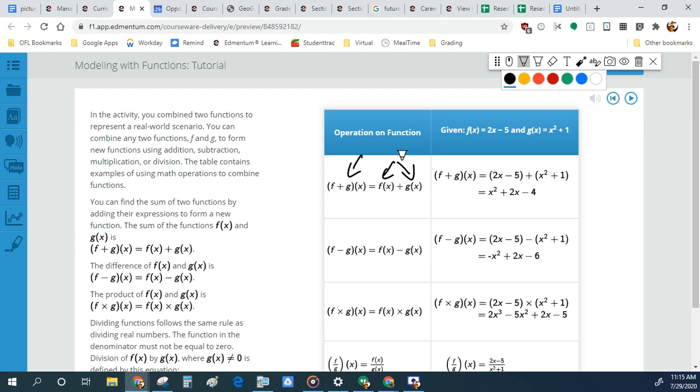So this is saying with the same input. So that's how come it kind of doesn't make any sense to write it here and here, right? So that's how come mathematicians like writing it this way. It's like, oh, I'm adding two functions together and it has this input of x.